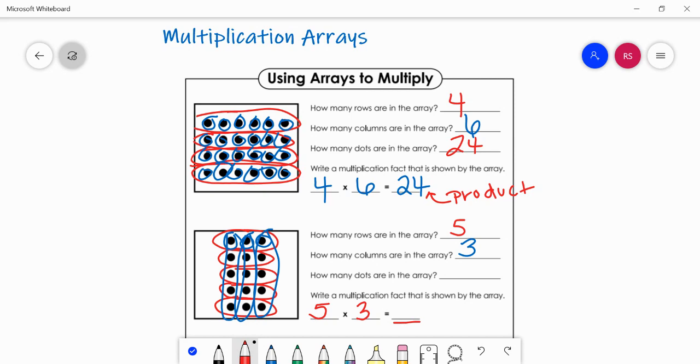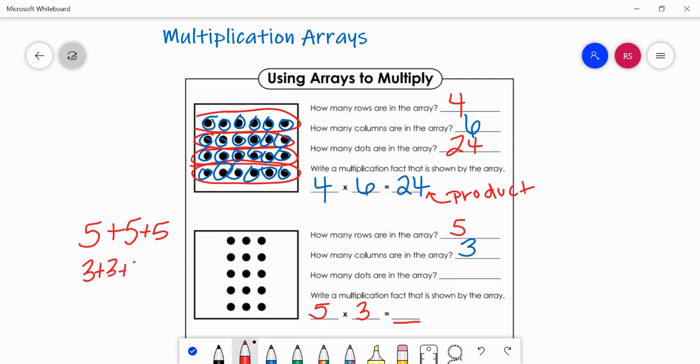If I'm thinking about this using repeated addition, let's check this out for a second. If I have 5 rows and there are 3 in each row, I can do 5 plus 5 plus 5. That will show me 3 rows of 5. If I wanted to represent 5 rows of 3, I could do 3 plus 3 plus 3 plus 3 plus 3.